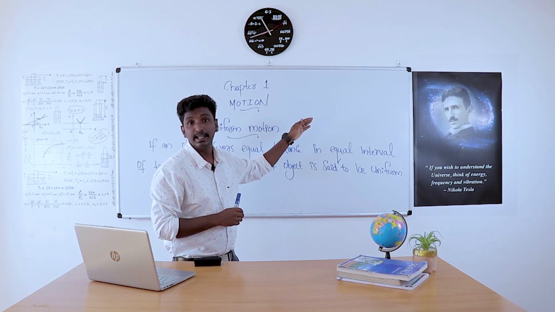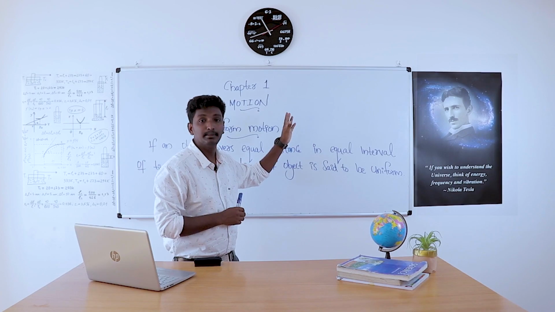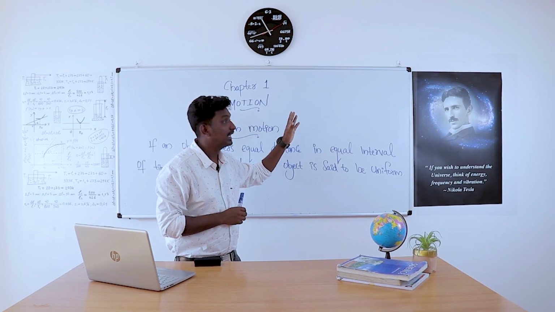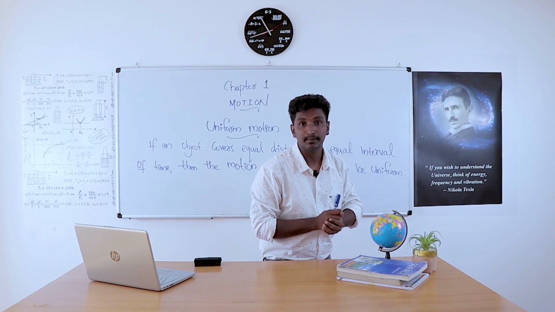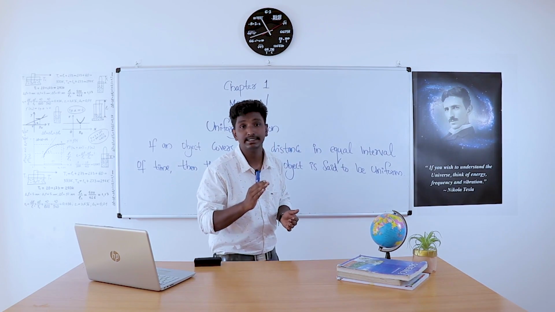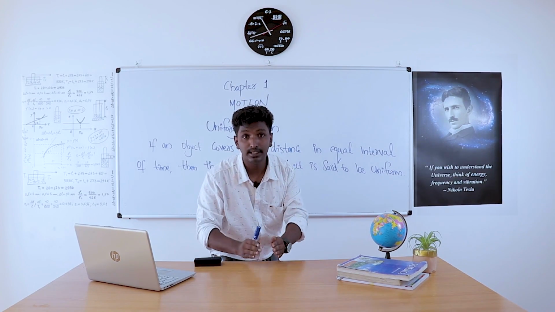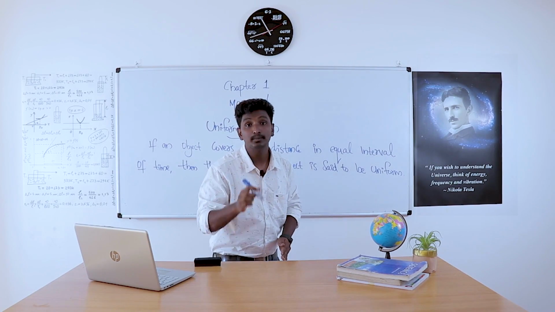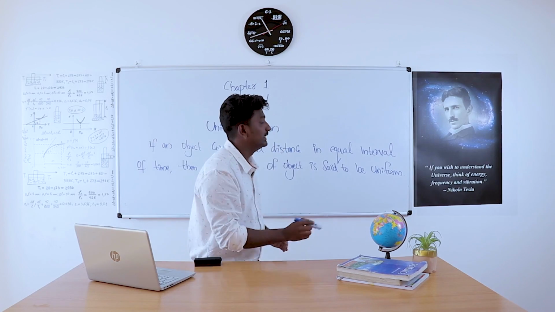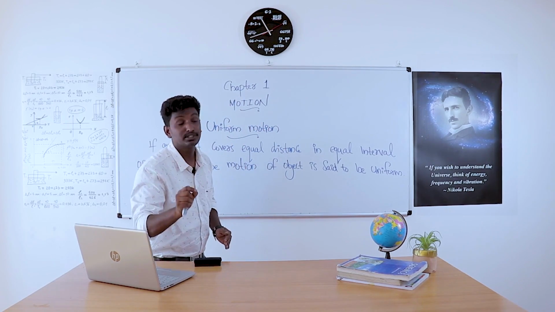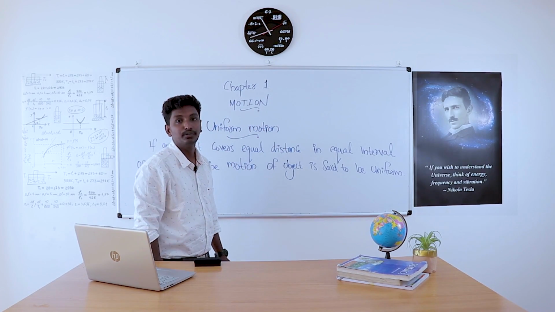I'm just taking the example of 2 seconds and 10 meters. Whatever the time and the distance may be, the only condition is that for equal intervals of time, the object should cover equal distance.